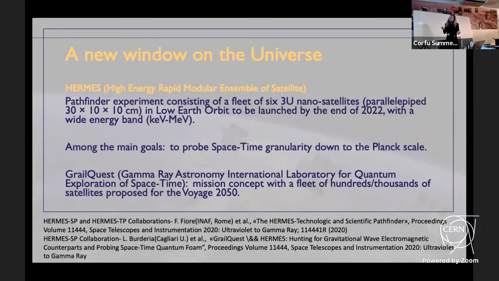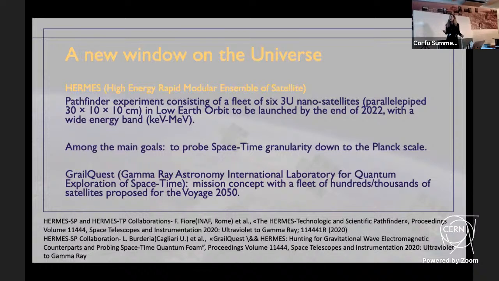In particular, Hermes will be a Pathfinder experiment to be launched by the end of 2022. It will only have 3 nanosatellites, and it will take measurements in the keV, MeV range.